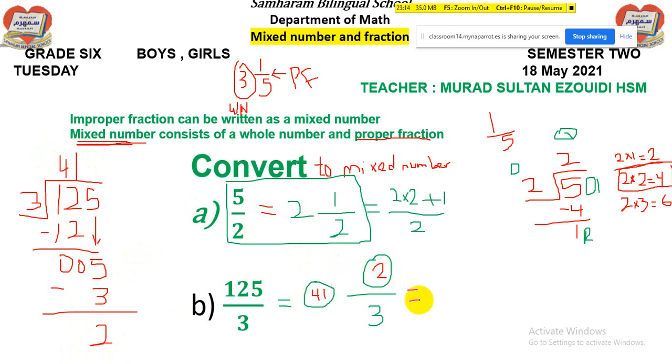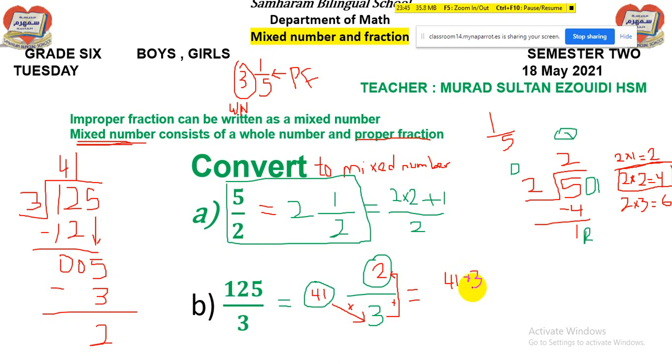If you would like to check your answer, just make 41 multiplied by 3. Then try to add what? Try to add 2. Look, I will make 41 multiplied by 3.